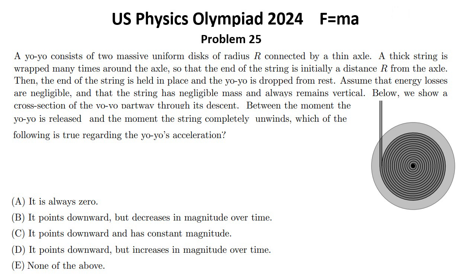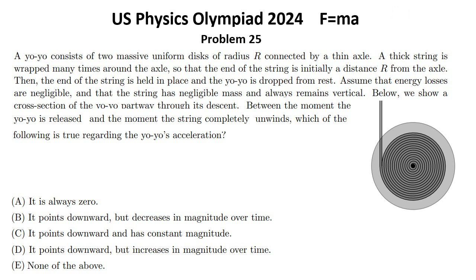Below, we show a cross-section of the yo-yo partway through its descent, between the moment the yo-yo is released and the moment the string completely unwinds. Which of the following is true regarding the yo-yo's acceleration? Answer A. It is always 0.